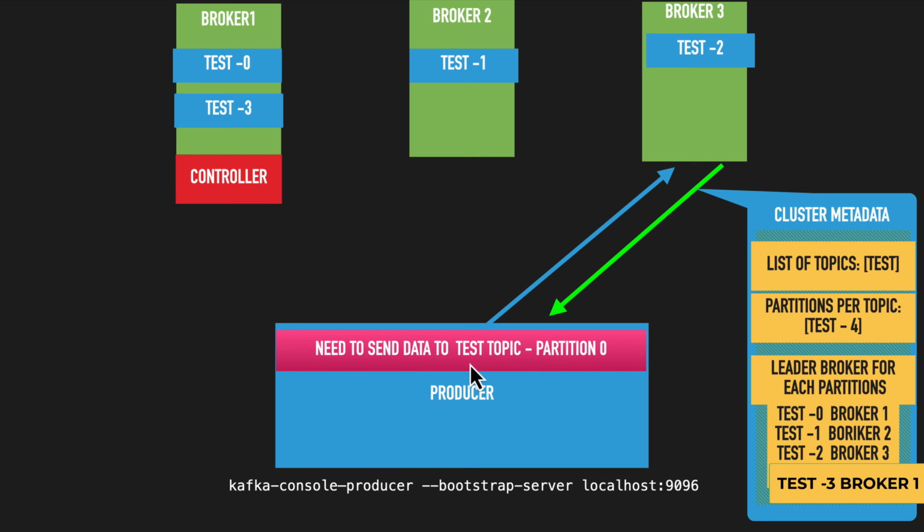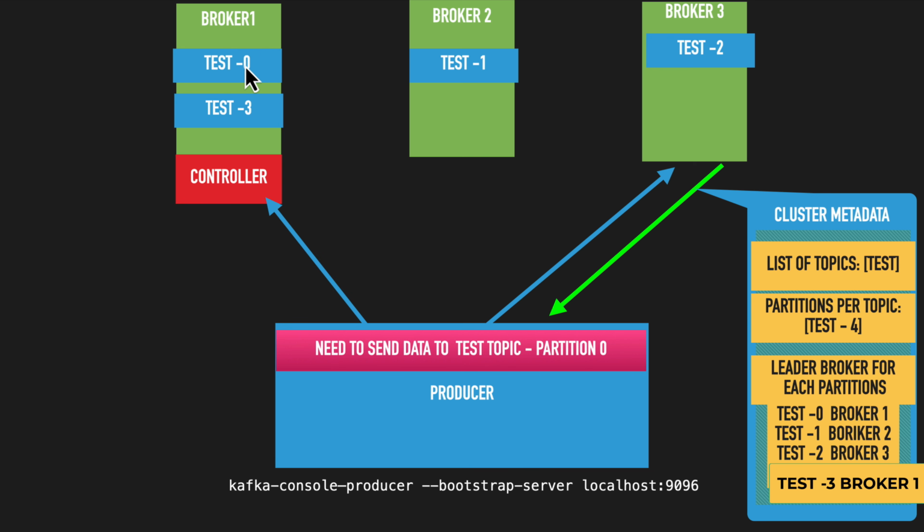Now the producer basically knows where to send the data. The producer needs to send the data to the test topic partition 0. Straight away the producer will look for the leader partition, and the leader partition for test 0 is available in broker 1. So the producer will connect to broker 1 and will push the data to the leader partition of test 0.